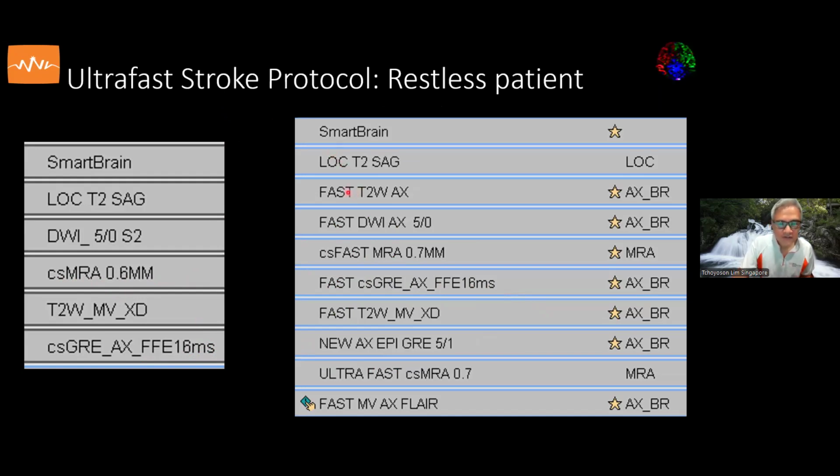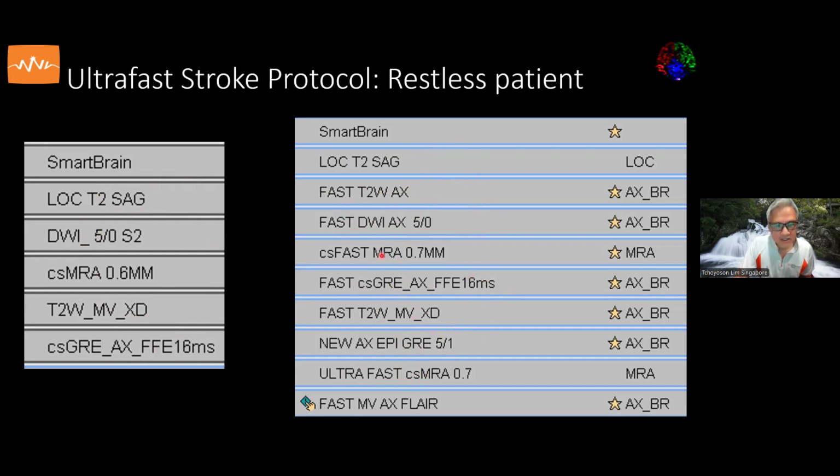So the fast T2 and a fast single-shot DWI, the fast gradient recall echo, and ultra-fast MRA can also be selected by the radiographers instead of the standard protocol if the patient is unable to cooperate for a long period of time.